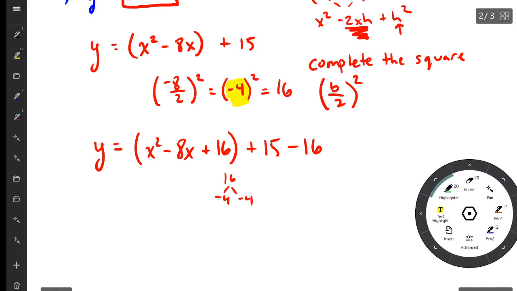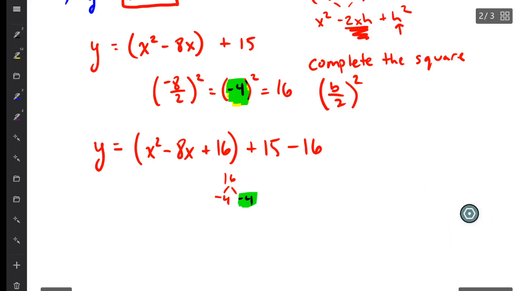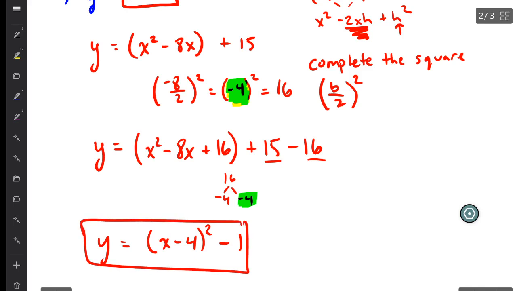That's because we intentionally found the number that would perfectly complete the square. So this now becomes x minus 4 and x minus 4, or simply x minus 4 squared. Then plus 15 and minus 16 is -1. And so this would be our vertex form.